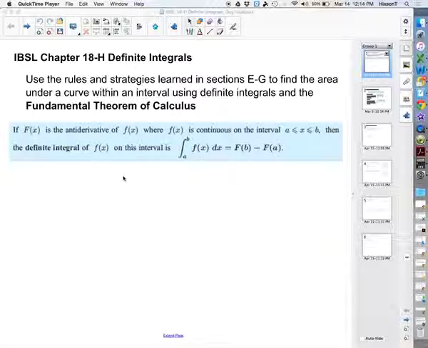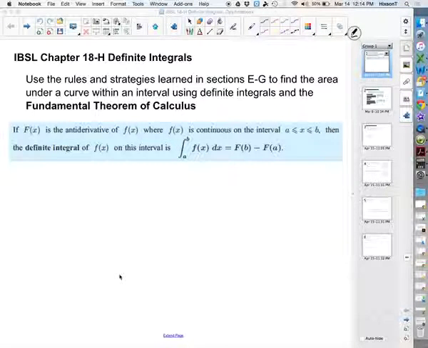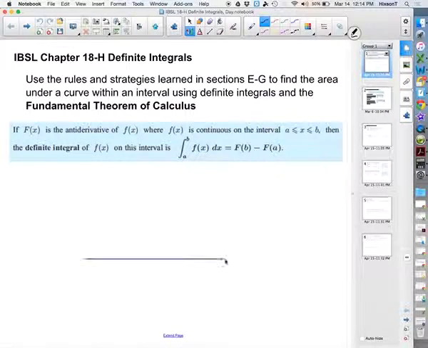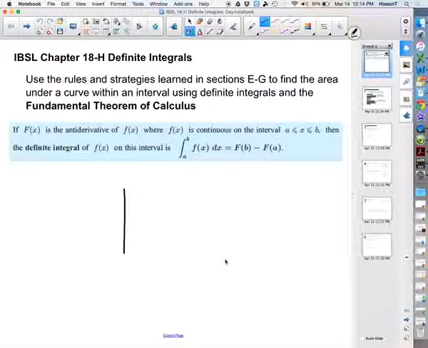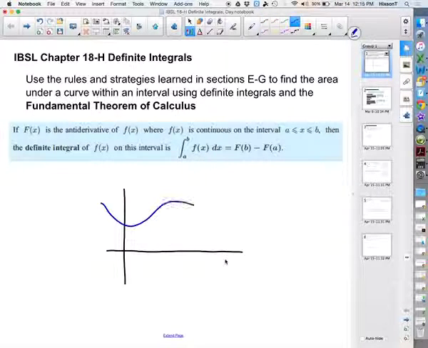And again, just to illustrate this, there we go. We have our function f of x.